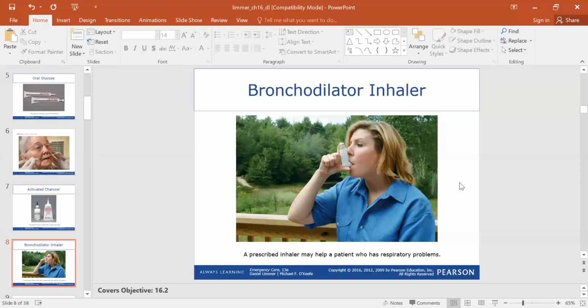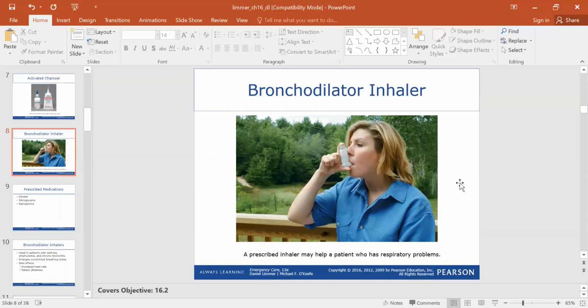So the bronchodilator, the inhaler, will reverse that. It will dilate the bronchioles to allow more air to come in. Easy as that. It pretty much relaxes the muscles inside the bronchioles.